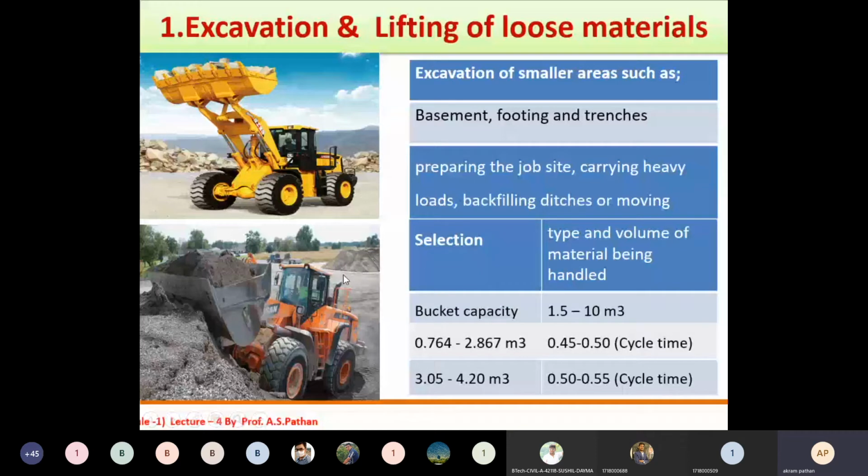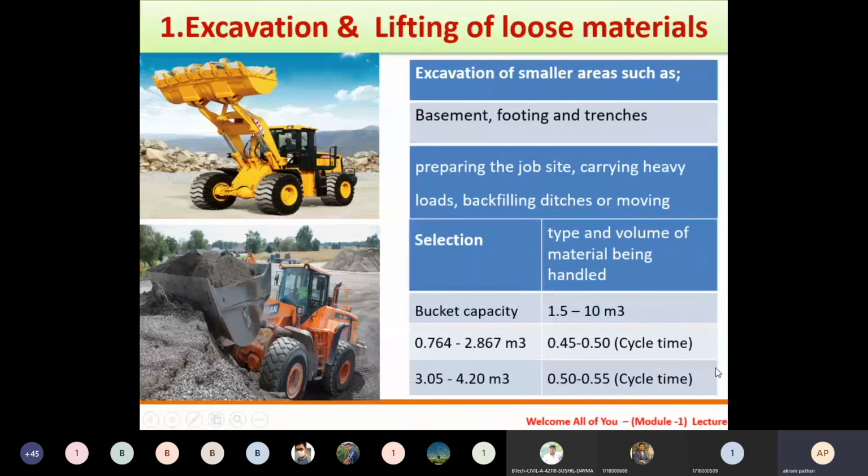So this type of equipment will take, if the bucket capacity is in between 0.764 to 2.867 meter cube, cycle time will be 0.45 to 0.50, and if the bucket capacity is in between 3.05 to 4.20 meter cube, then definitely the cycle time will be 0.50 to 0.55 minutes.